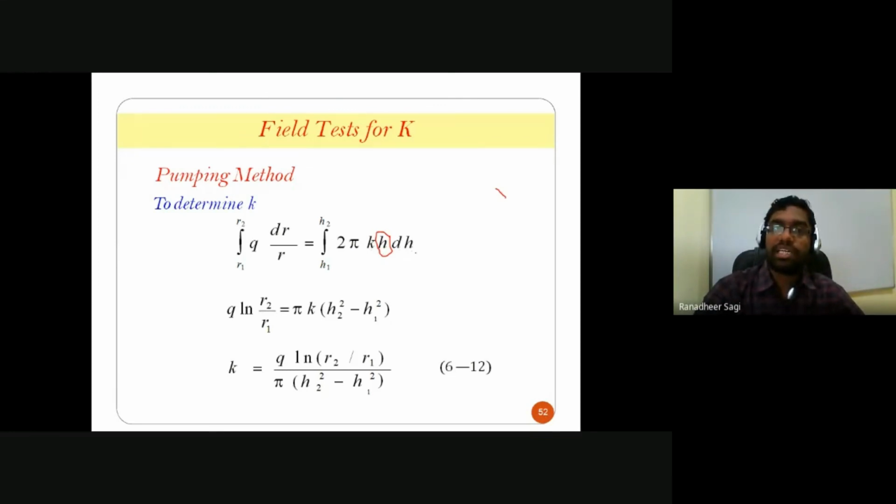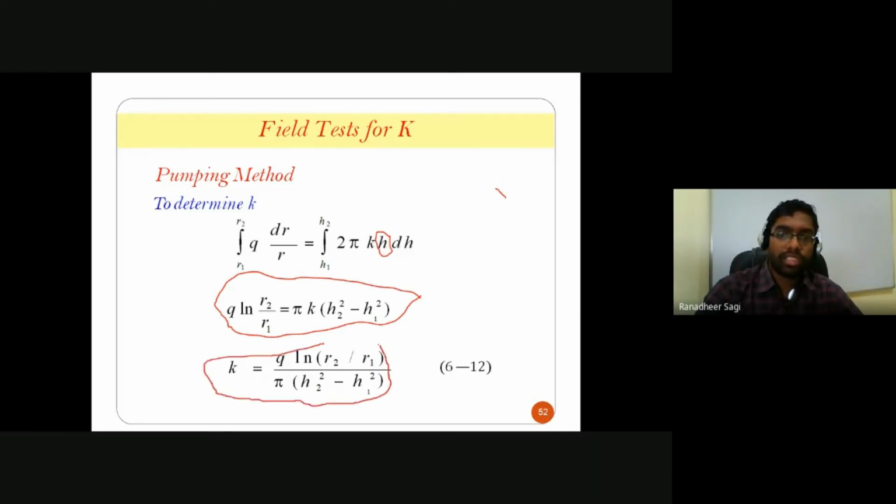Integral h dh is nothing but h square by 2. This 2 gets cancelled, so h square over the limits h1 to h2. If I substitute, I get this expression upon integration. What I wanted to calculate is the k value, so k I can rewrite as this expression. Once again, this expression is in terms of ln of r2 by r1.